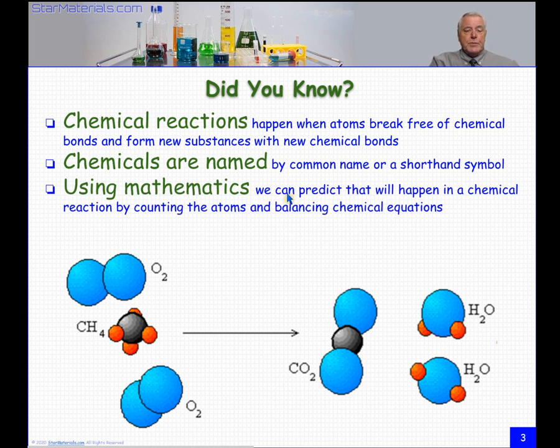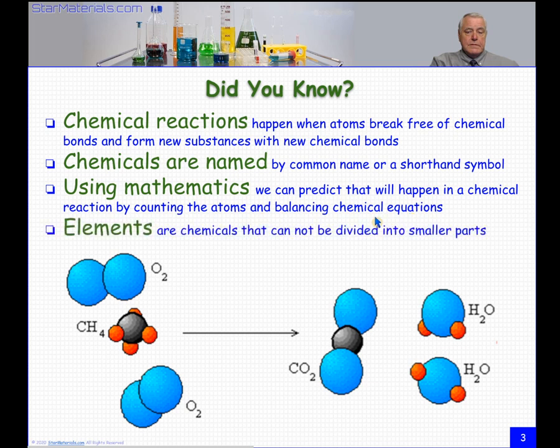Using mathematics, we can predict what will happen in a chemical reaction by counting the atoms and balancing chemical equations. And elements are chemicals that cannot be divided into smaller parts. These are the individual elements.